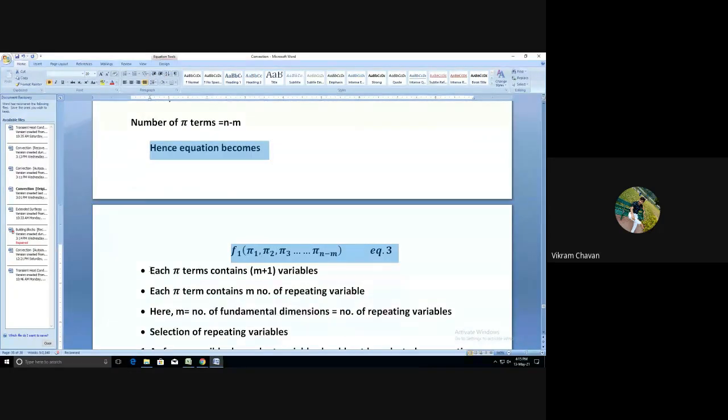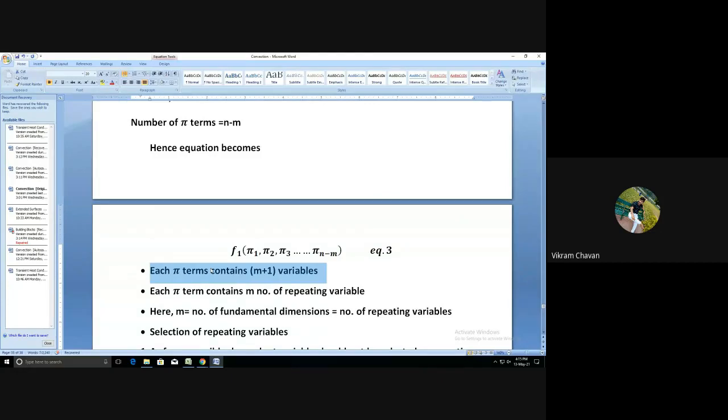Then each pi term contains m plus 1 variables.